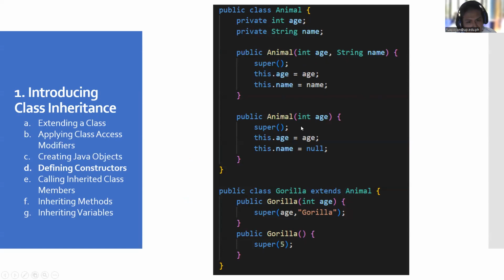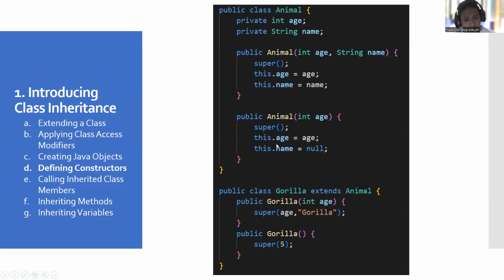So the first line is super, so it calls a no argument constructor. In this case, it does not extend any class, so automatically it extends the Object class. So if you're calling super, it just calls the constructor from the Object class, with no parameters here. And then it just sets the fields, age and name, same here.